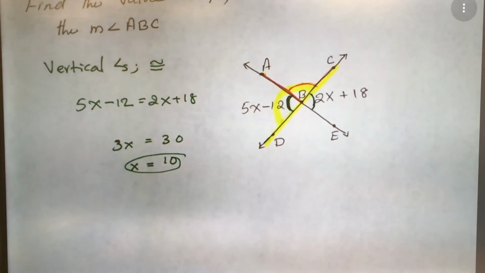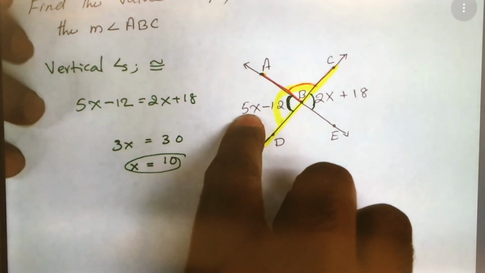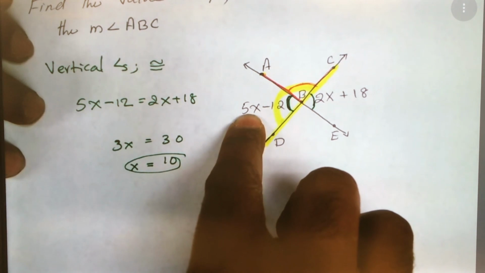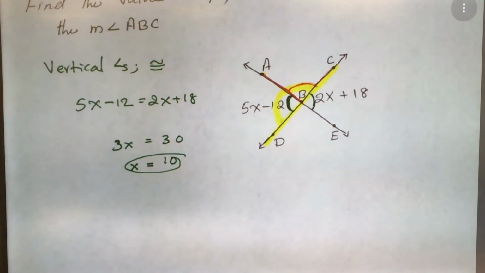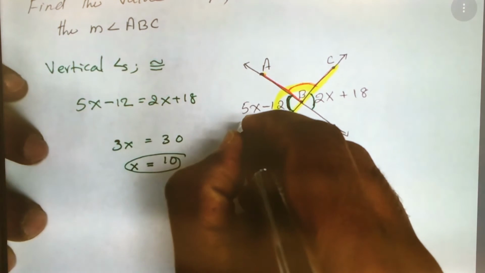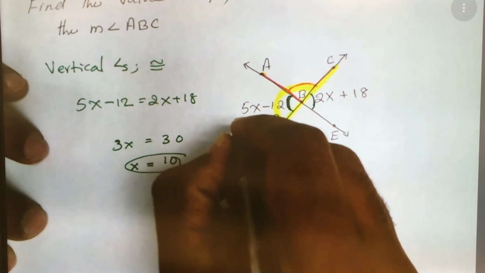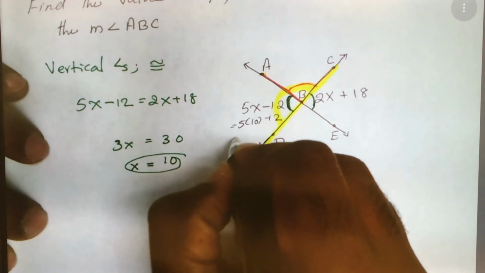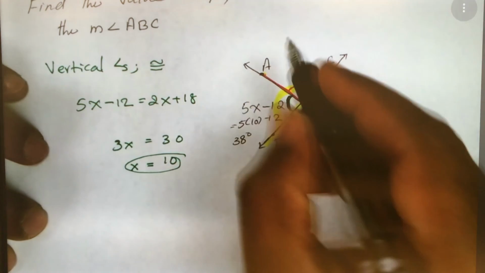So let's find the measure of this angle. We already know x is equal to 10, so that becomes 5 times 10, which is 50, minus 12. That becomes 38 degrees. The measure of this angle is 38.